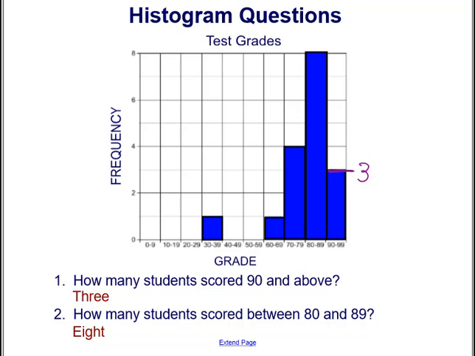Similarly, how many students scored between 80 to 89? Well, we have 8 because that interval down here, that bar goes up here to a height of 8. So we're using the height of the bars in the histogram to answer questions about the frequency over certain intervals. It's very easy to see that in a histogram because you can use the height of the bars as how many data points are in that interval.